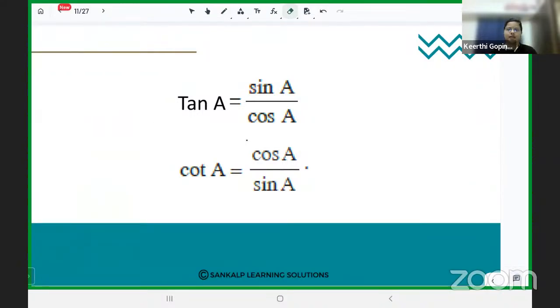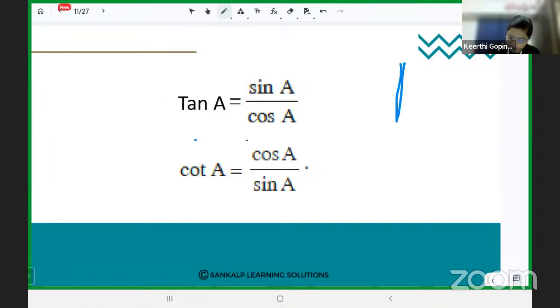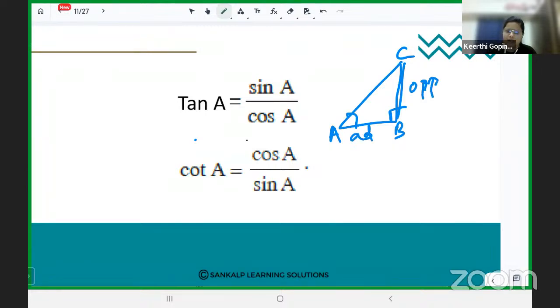Now we have to study a relation between tan, sin, and cos. So again, consider a right triangle ABC and angle A. Tan A is nothing but opposite by adjacent, right? So BC by AB.